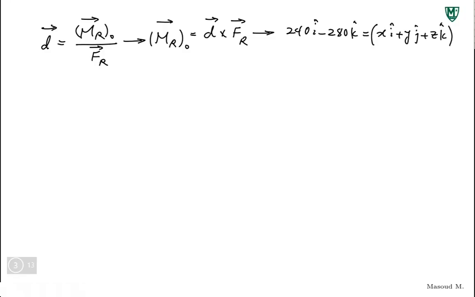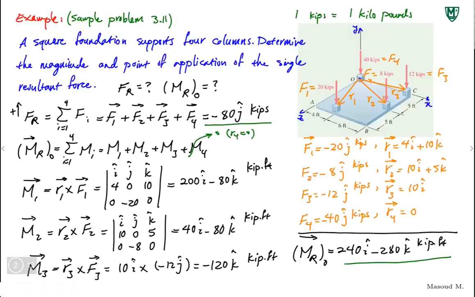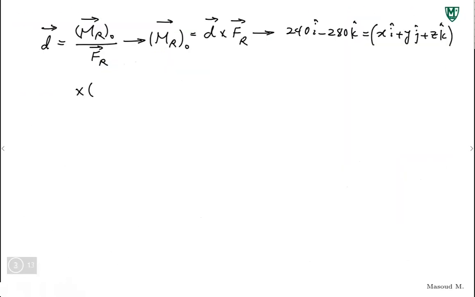Multiplied by FR, and we found FR to be minus 80J. So I'll put it here, minus 80J. Looking at both sides, I can do the multiplication on the right side and get the components.